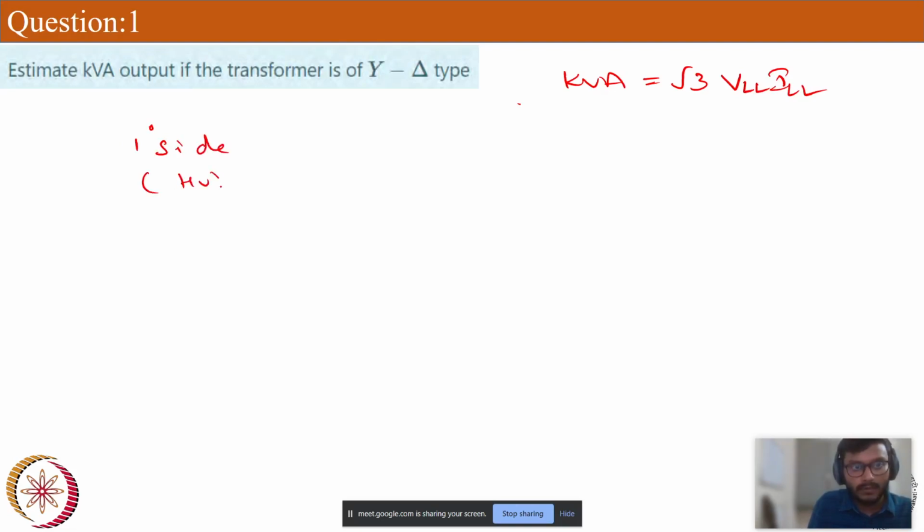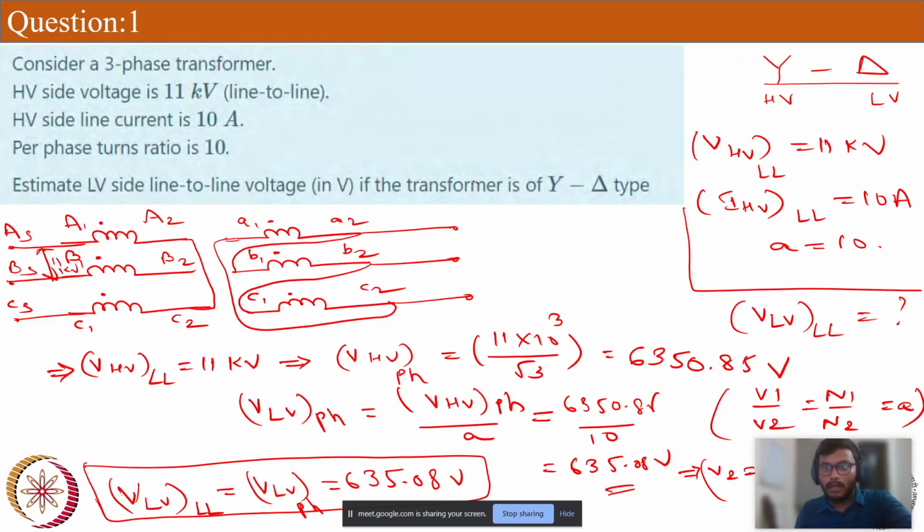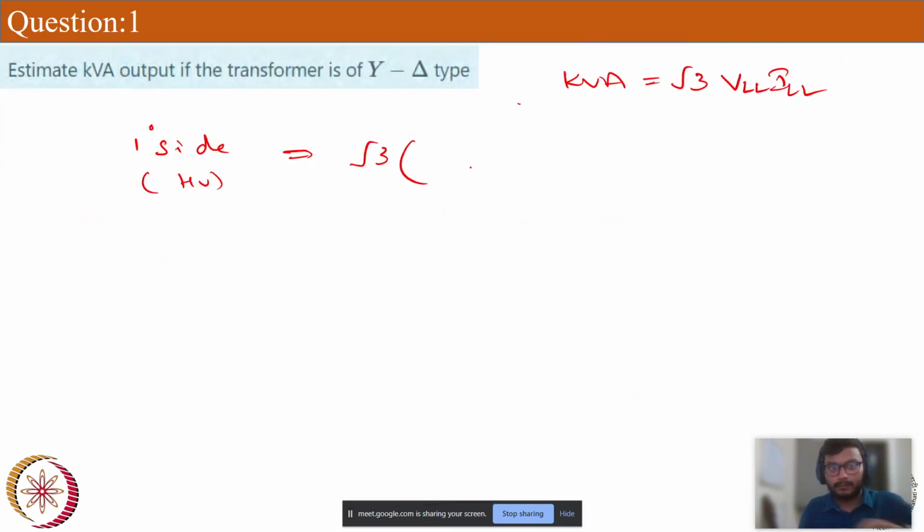Now let's calculate from the primary side. Primary side is HV side. Root 3 into, what is the VLL in HV side? VLL in HV is 11 kV and current is 10 amps. 11 into 10.